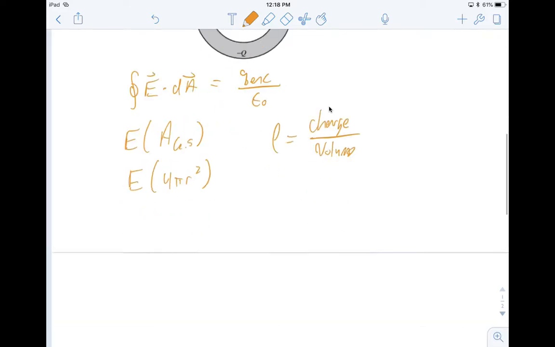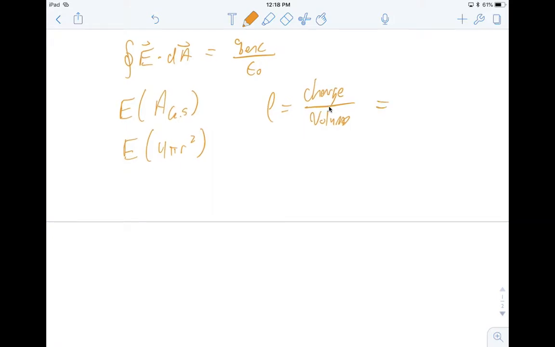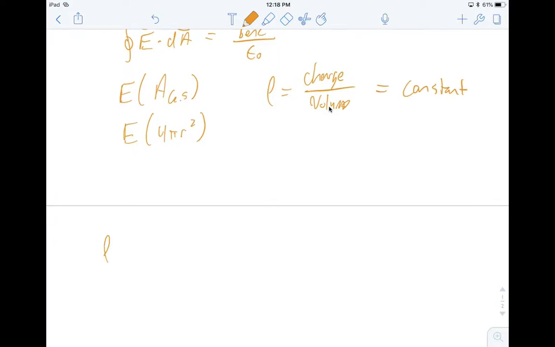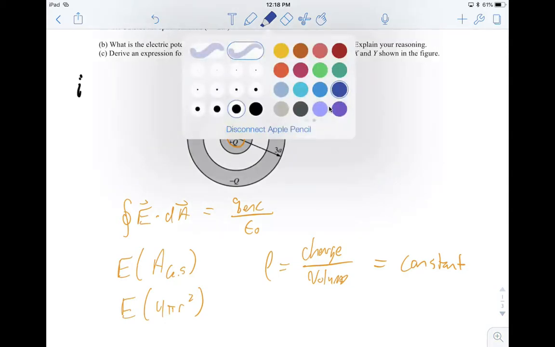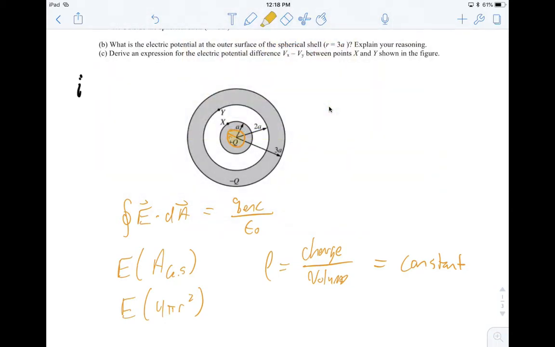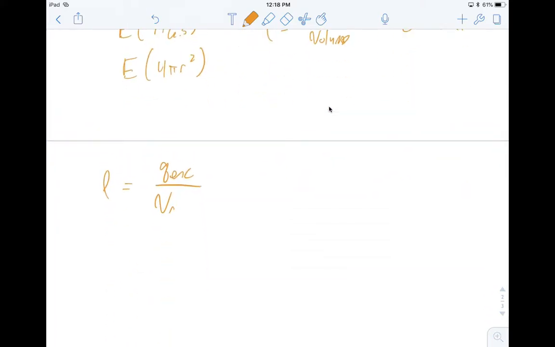So rho is equal to the amount of charge enclosed divided by the volume of our Gaussian surface, and that equals the total charge Q divided by the total volume of the sphere.